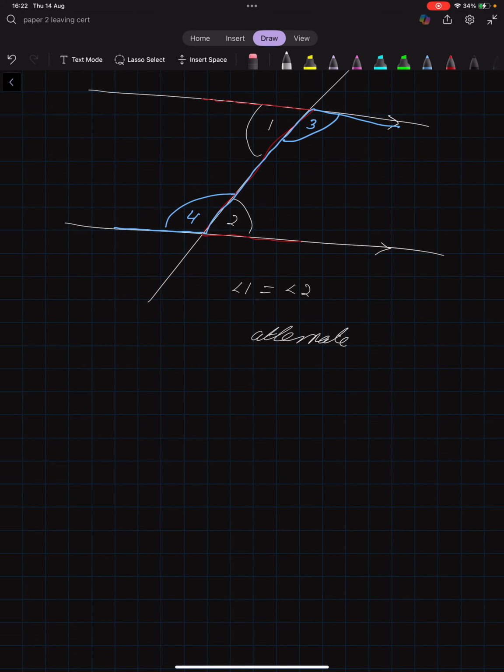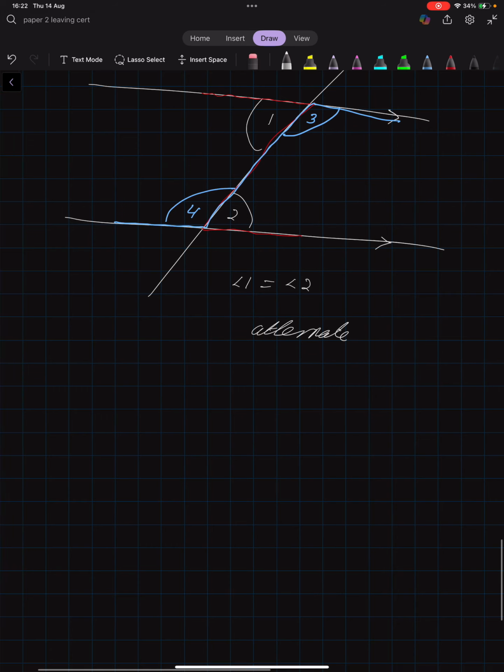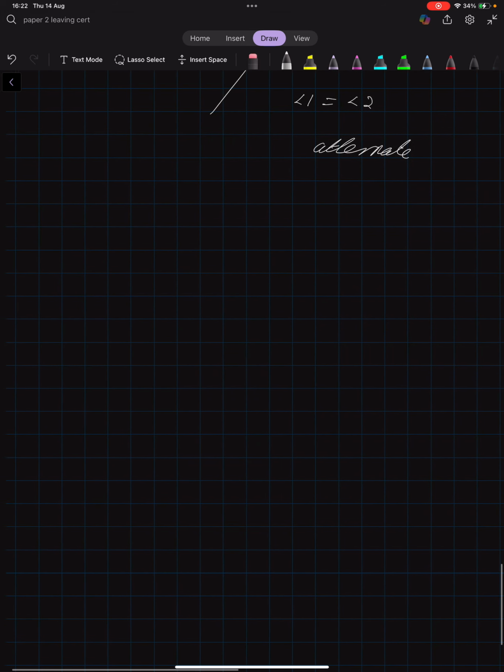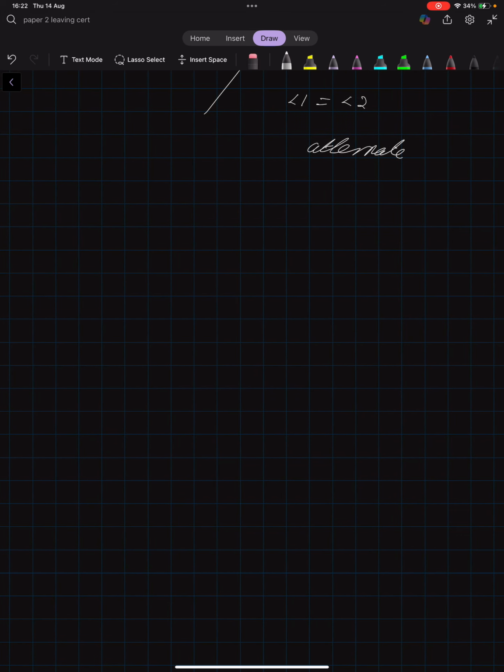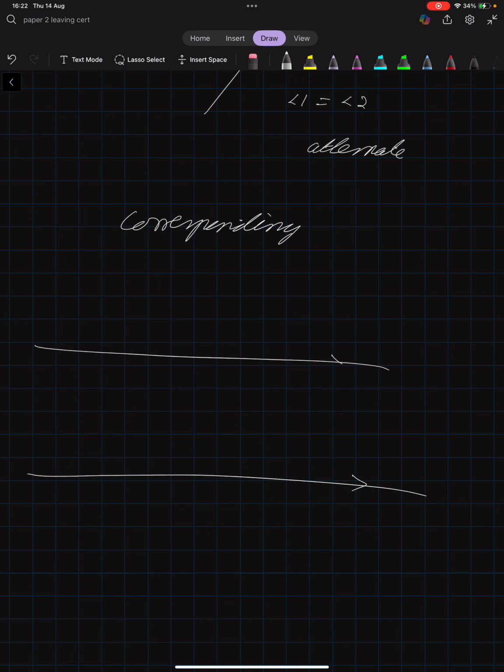I think the very last one is corresponding. There's corresponding, and then there's going to be interior as well, but corresponding would look something like this. If you have two lines, again, they're parallel, and you draw a line down here, this angle is the same as this one. Because again, they're parallel, it makes the same angle.